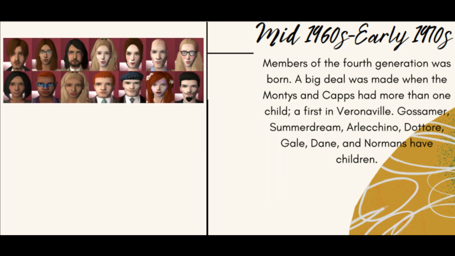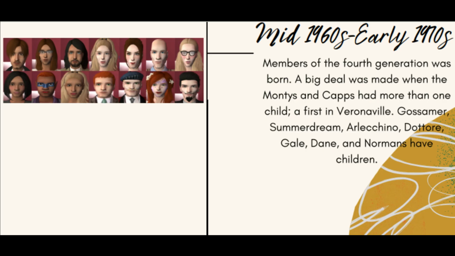Now we are officially in Generation 4 of the Veronaville timeline, and most of these people are alive by the time the actual game starts, and even the ones who are deceased are still relatively relevant in the overall Veronaville narrative. So, from the mid 1960s to the early 1970s, the members of the fourth generation are born.